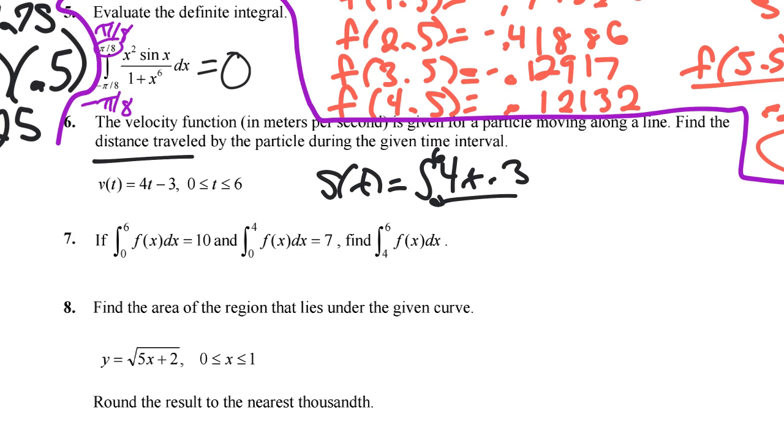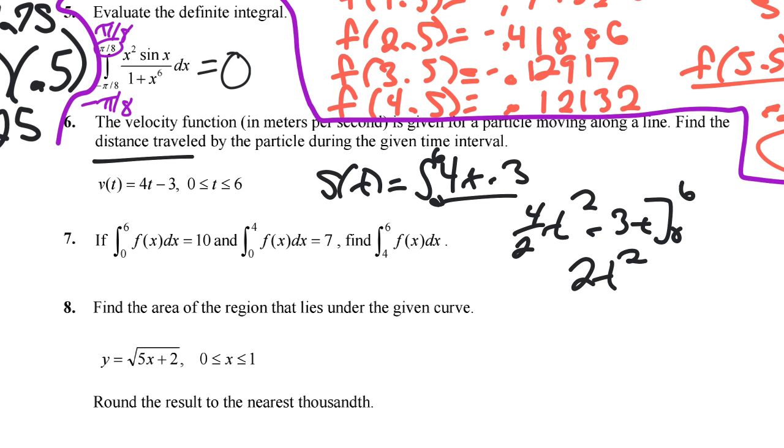And I need to figure out the distance traveled. So the integrals increase, derivatives decrease. So we're going to increase the power. So 4 over 2 minus 3t. And this is a definite integral. So from 0 to 6, I don't need the c. Plug it in. Just being sure that this doesn't go below the x-axis before it hits 6.